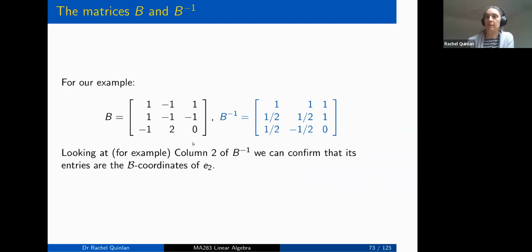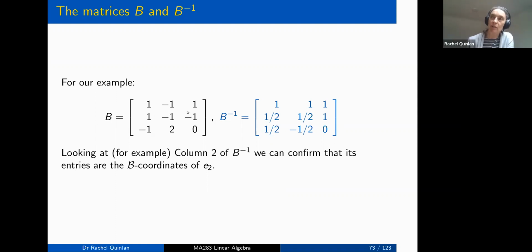And we can confirm that pretty easily by noticing that if we take 1 times column 1 of B plus a half times column 2 of B plus a half times column 3 of B, look at what we get in the first entry. We get 1 times 1 minus a half plus a half. That's 1. That's what we expect.